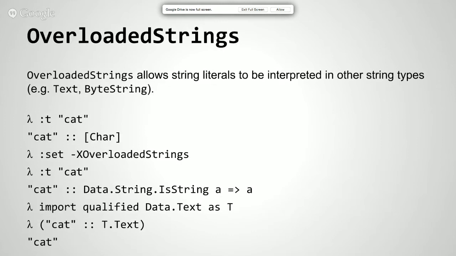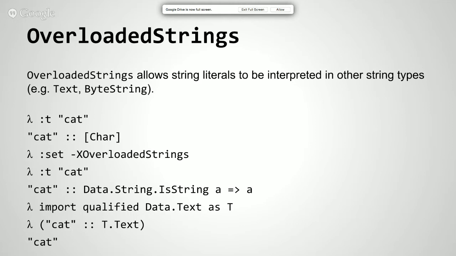OverloadedStrings. This is one I use a lot because when you're working with more heavy-duty string parsing, you're almost never using the default list, or the default String, which is a list of characters. So if you set OverloadedStrings, then the string literal will be, as we see in the middle, an a, where a is in some type class called IsString.